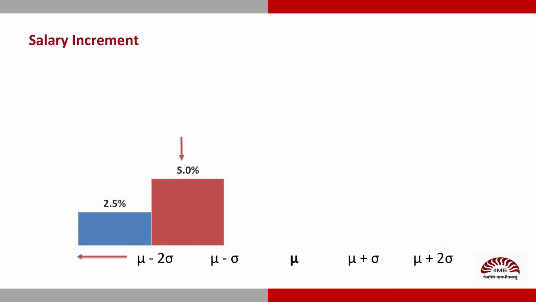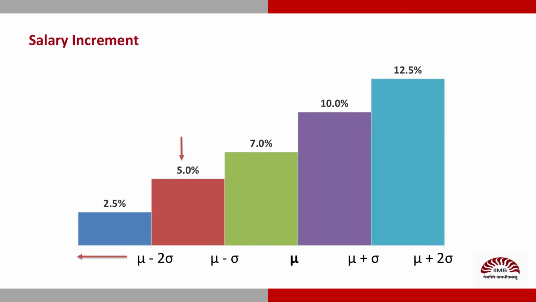Mu minus 1 sigma all the way up to mu, you could announce yet another increment. You get the picture. Now, how you've gone about this is with quantitative logic. Logic that you can explain to somebody rather than saying it was based on some qualitative considerations.